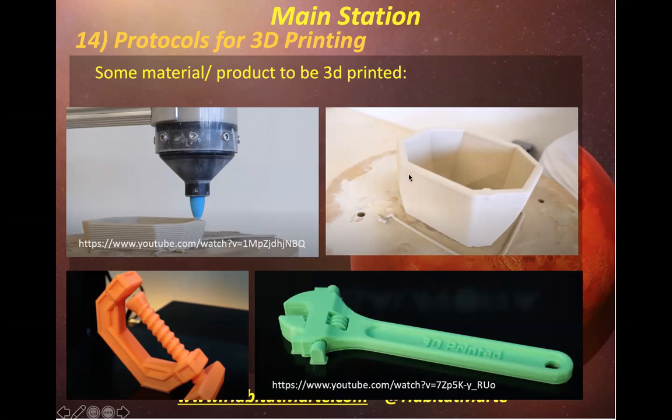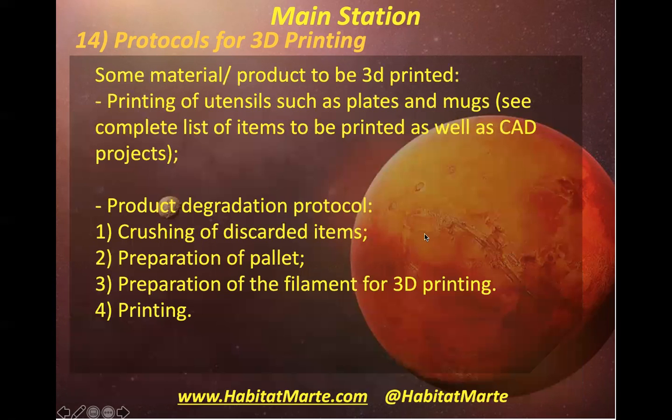And then in the main habitat, if you imagine that we have dishes, cups, and also fork and knife, something like this, maybe the use of 3D printing in the main facility would be used to produce some tools, okay. And then all the examples of tools based in plastic, based in ceramics, and then some protocol for 3D printing, and the possibility to print some utensils like plates and mugs, okay?